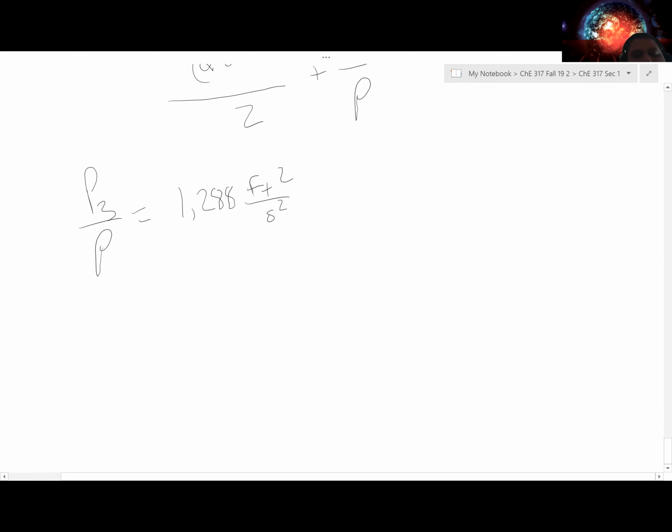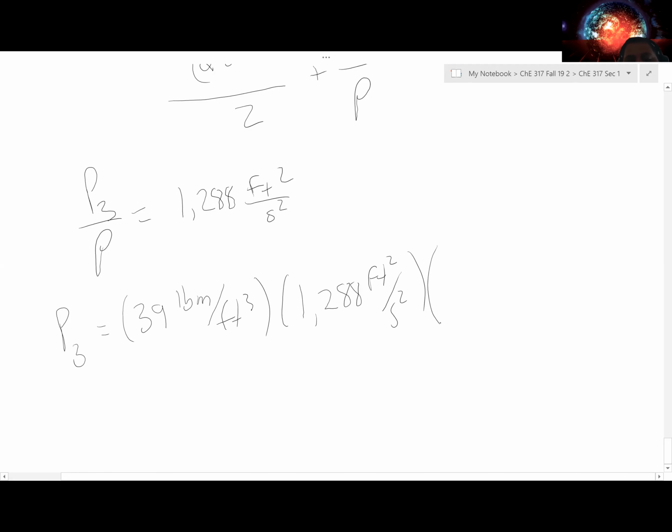Which means to find P3, I would multiply by the density, which we had earlier, which I believe was approximately 39 pound mass per cubic foot, times 1,288 feet squared per second squared.